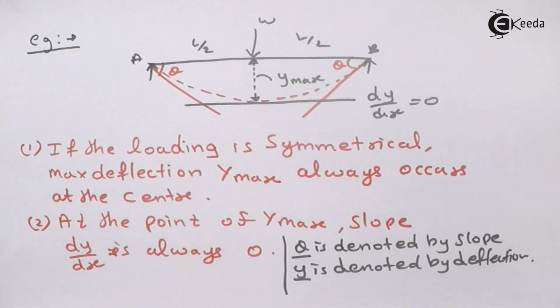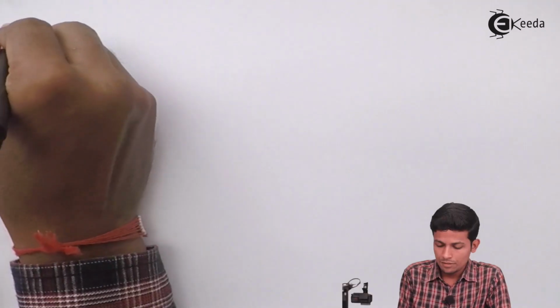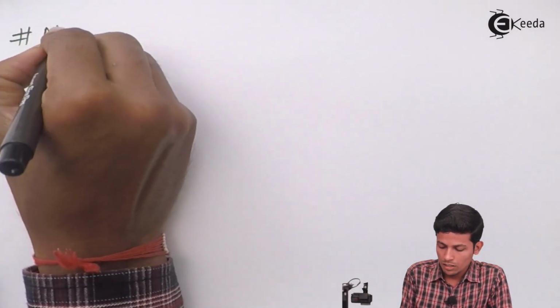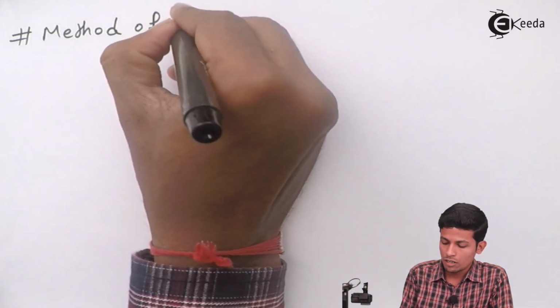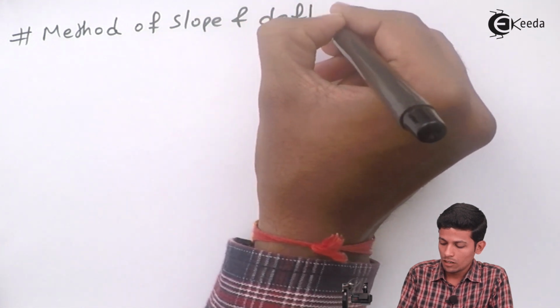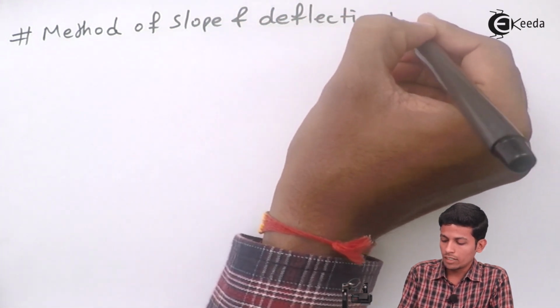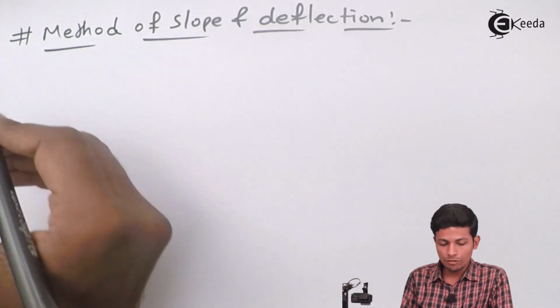Now after that, the next topic will be methods of slope and deflection. There are various methods of slope and deflection. Just take some examples.